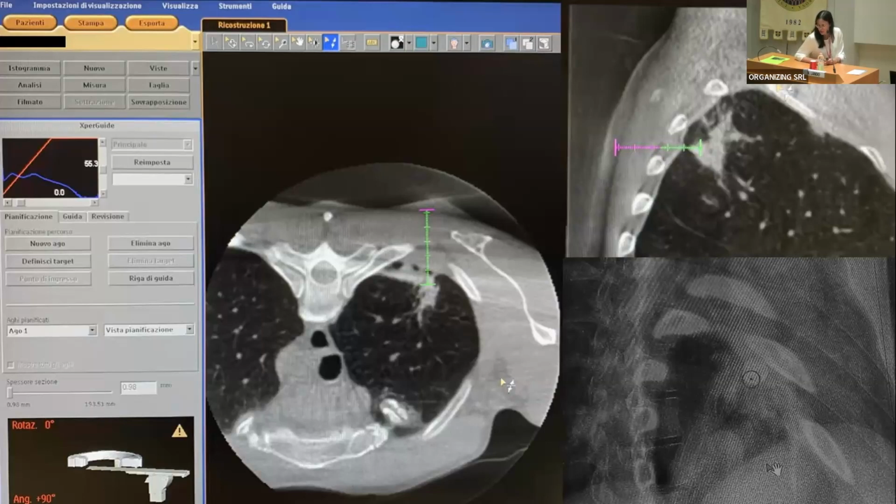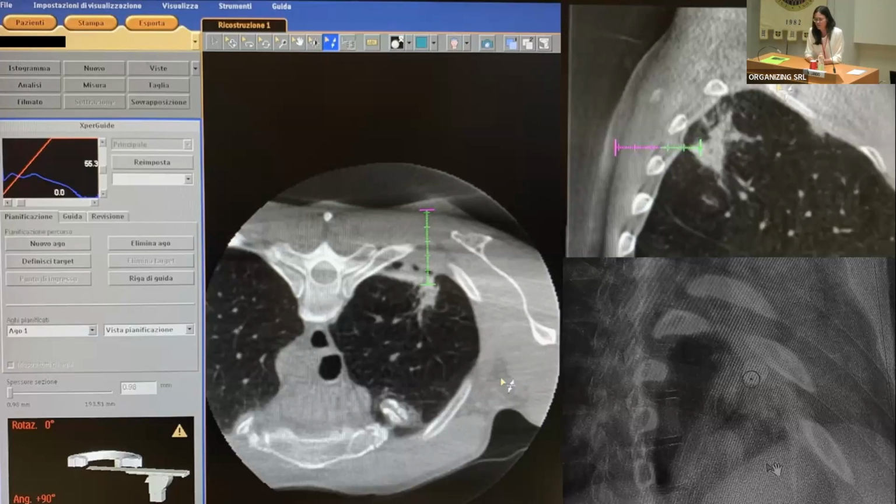The virtual needle is then transferred onto the fluoroscopy screen that we see during the procedure, and this allows us to position the biopsy needle with extreme precision and in real-time visualization.